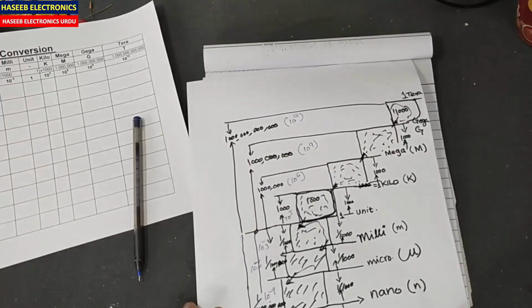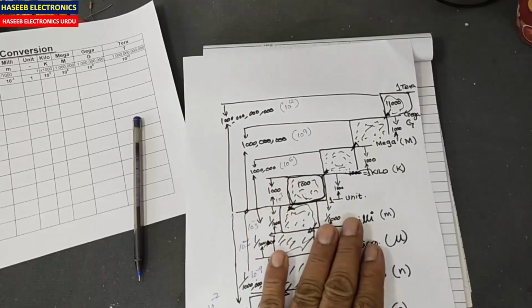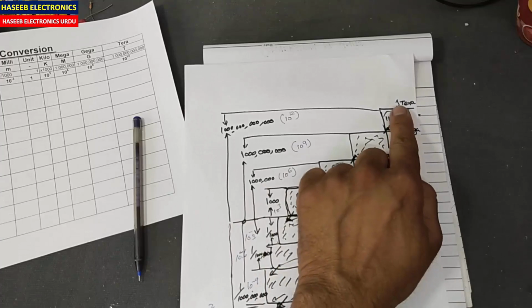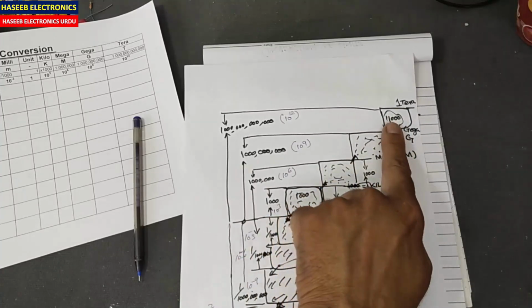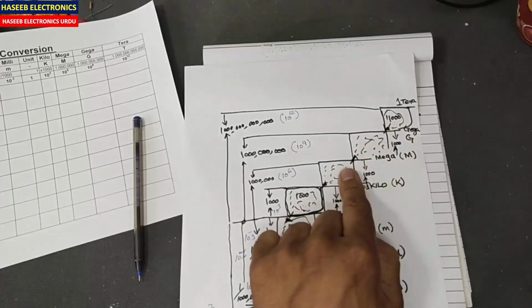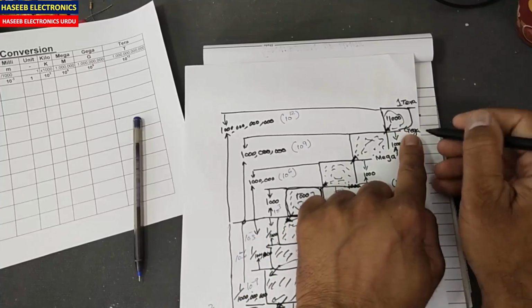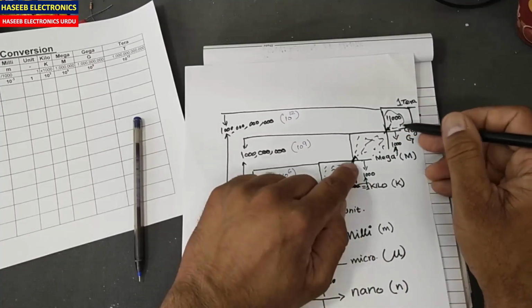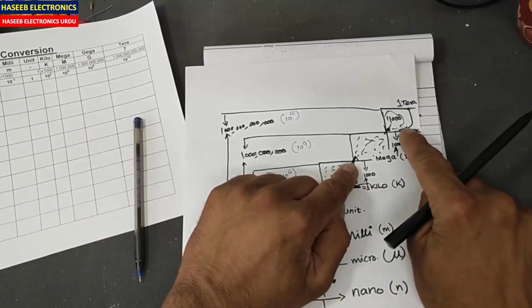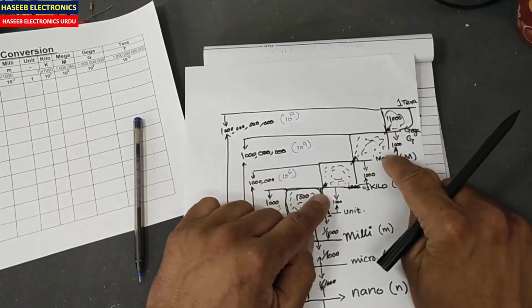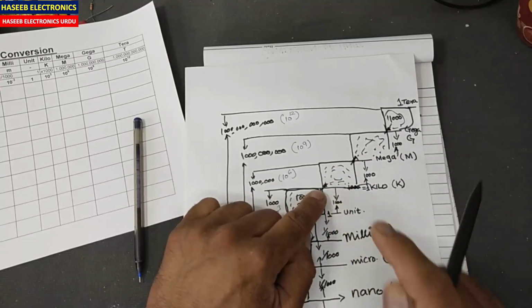So when we want to come from upstairs to downstairs, we will multiply. And when we want to go upstairs, we will divide with 1000. When we want to come downstairs, we will multiply each step with 1000. 1 giga, multiply it with 1000, we will reach this step, it is 1000 mega. 1 mega, multiply it with 1000, you will reach 1 kilo.